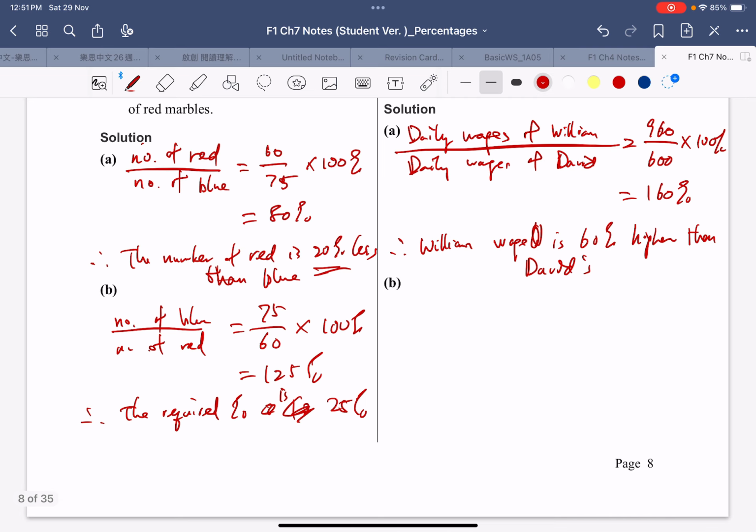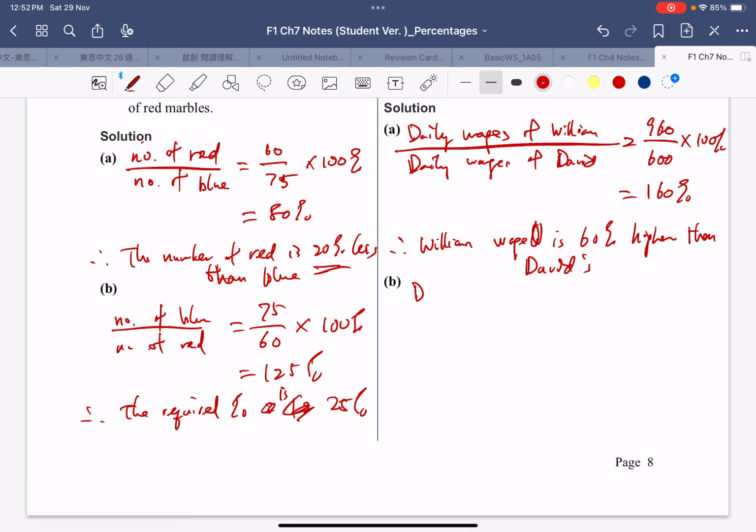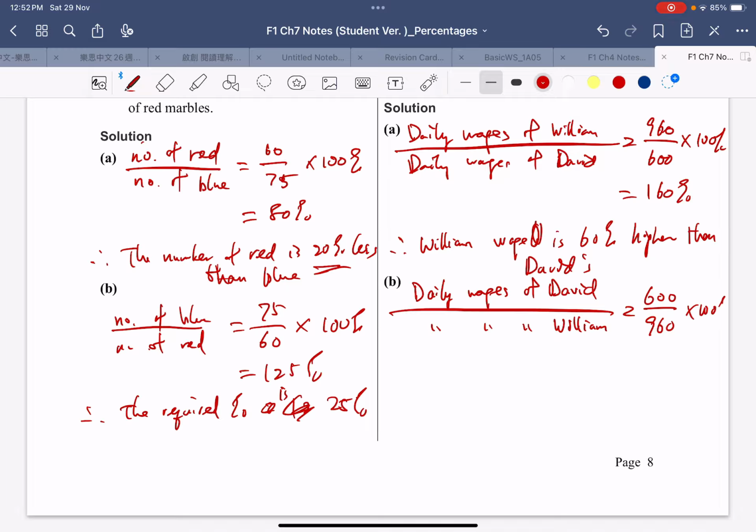And then part B, invert the fraction. Daily wages of David divided by the daily wages of William. Just invert the number, and that gives you 62.5% here.